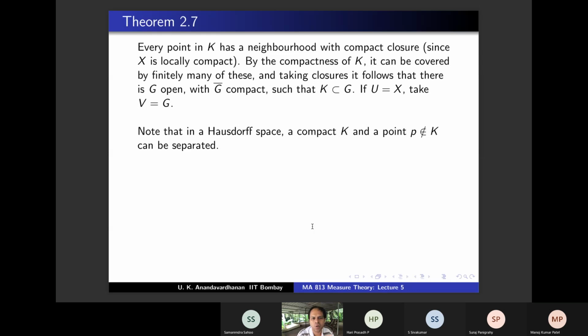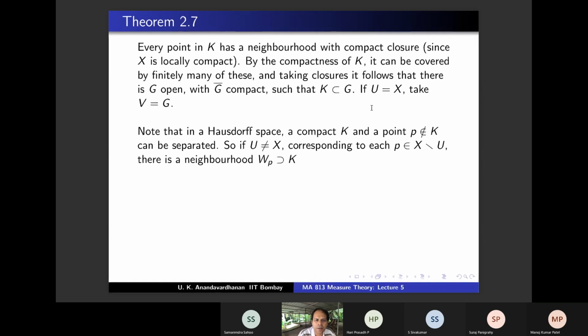So in a Hausdorff space, a compact set and a point outside can be separated, and we are going to use this fact. If U is the whole of X, we are done. If U is not the full set, then take a point P in its complement, and then there is a neighborhood of K with P outside its closure.